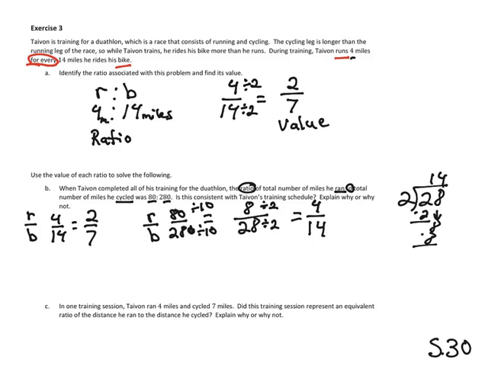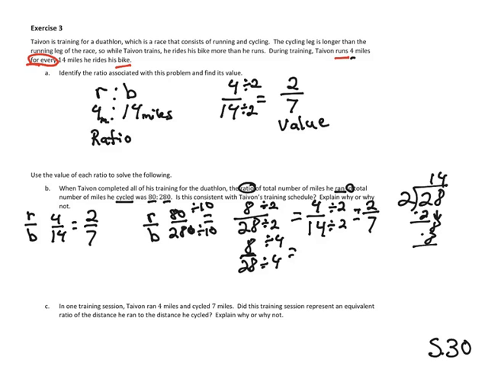Now I can continue and divide by 2 again. 4 divided by 2 is 2, and 14 divided by 2 is 7. Now we could have done 8 over 28 and divided them both by 4.